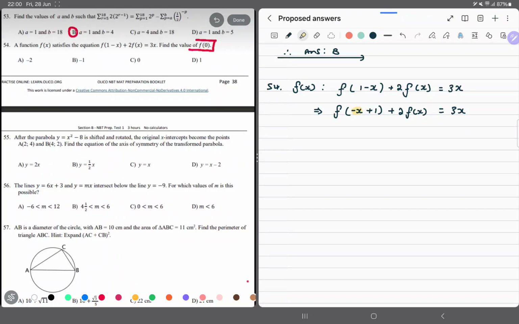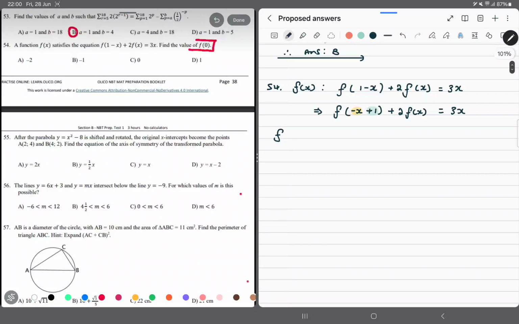Because minus x means if in the equation we substitute, or at least we multiply the x terms by negative, this becomes a horizontal reflection of the function f. And when we add 1 within that equation or in the notation, it simply says we are doing a translation to the left. So this is still function f, but horizontally reflected and then translated to the left by 1 unit.